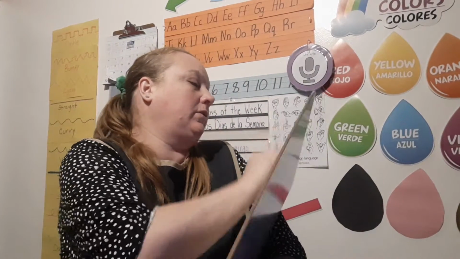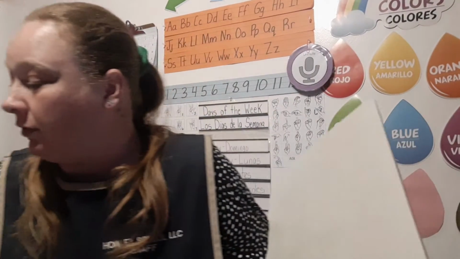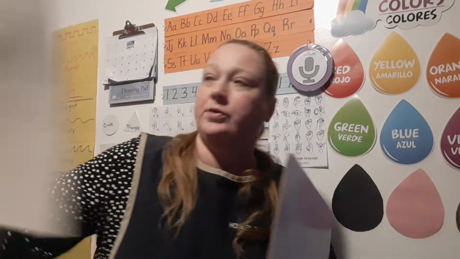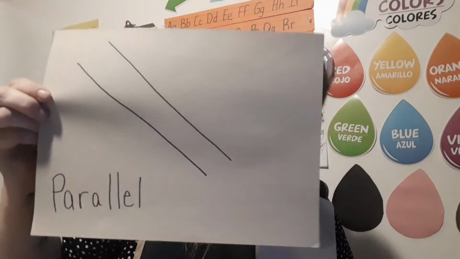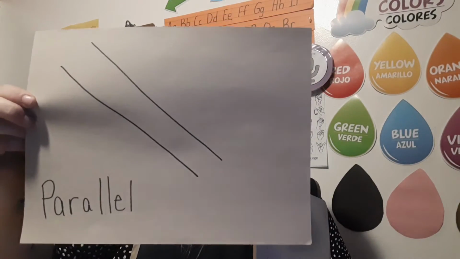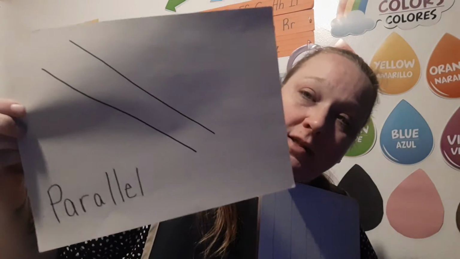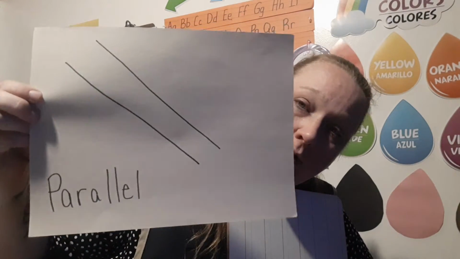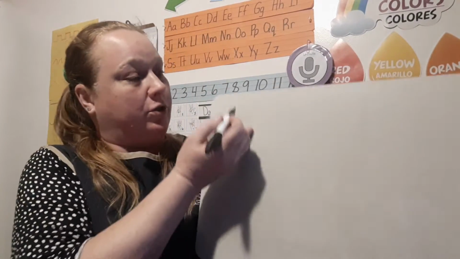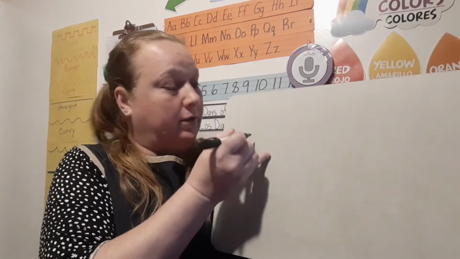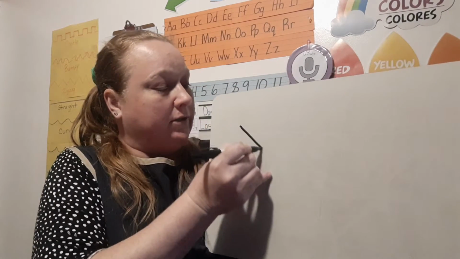And next, we're going to learn how to draw lines that are called parallel lines. And parallel lines are always the same distance apart. Okay, let's make our parallel lines. We're going to start at the top, and they're going to go down on a slant, like a horizontal.